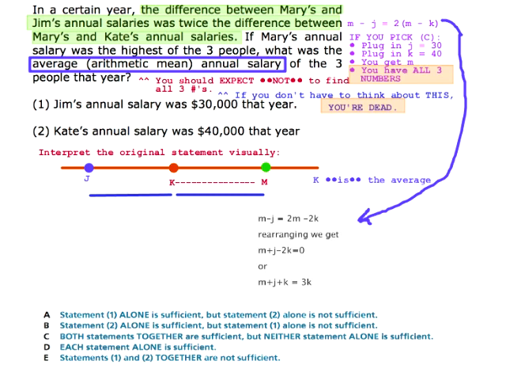This is very goal oriented, and people could totally do this, because the goal here is to isolate the expression m plus j plus k over 3, because that is what we want. So yeah, we want m plus j plus k divided by 3.